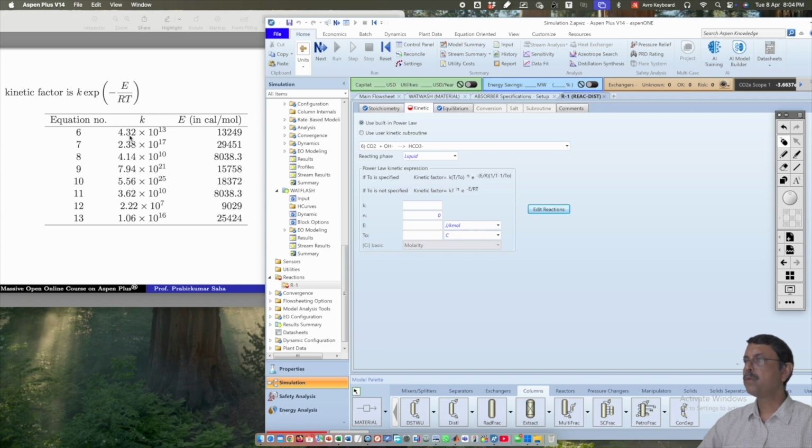K is equal to 4.32 10 to the power 13. And this one is 13249 calorie per mole. Okay. Then go to the second one. K is 2.38 10 to the power 17.